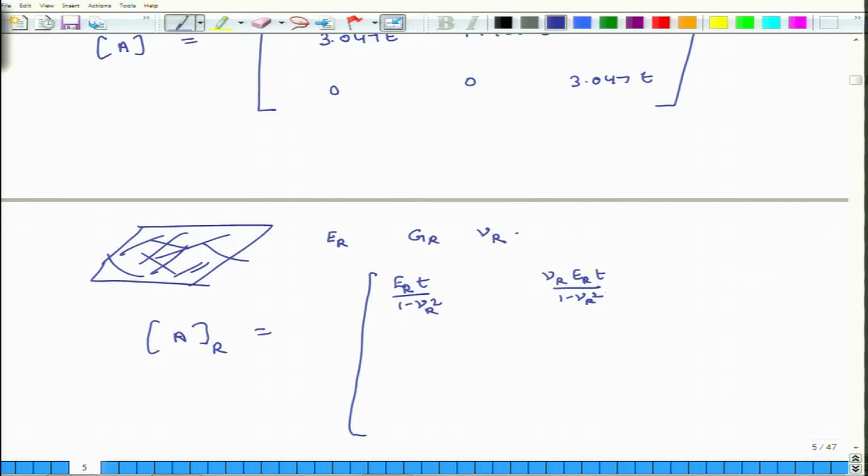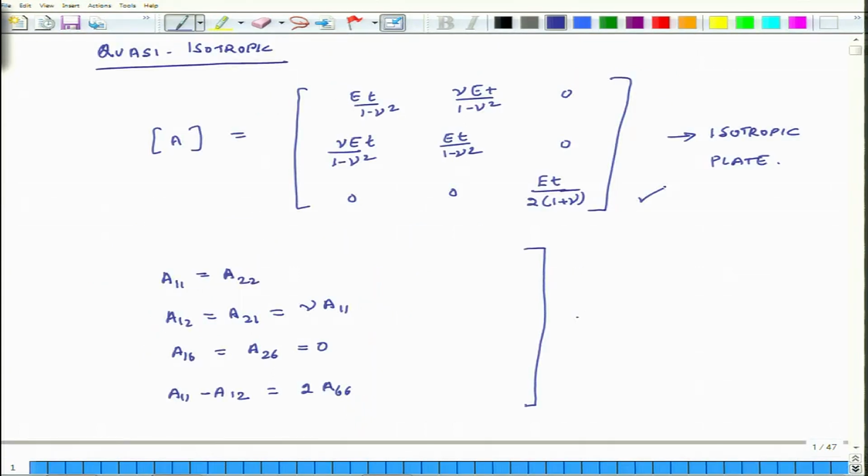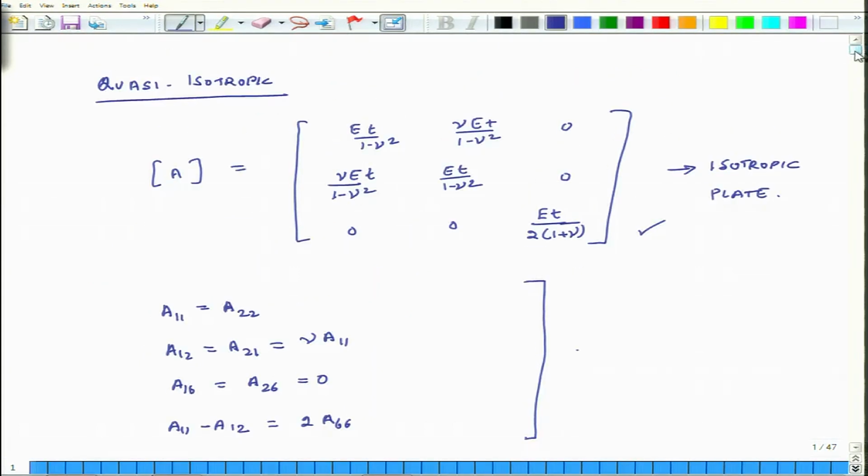How are we getting these relations? We are getting these relations basically from this equation, because this is good for isotropic systems.